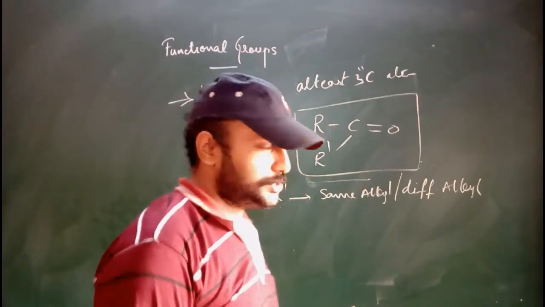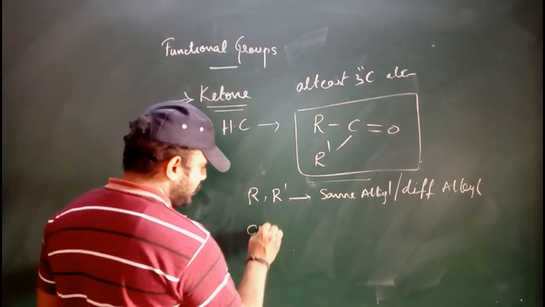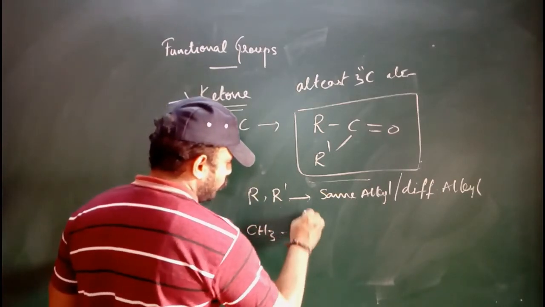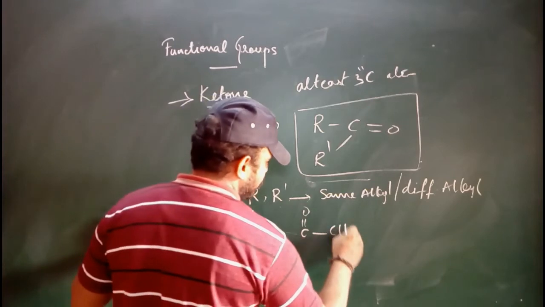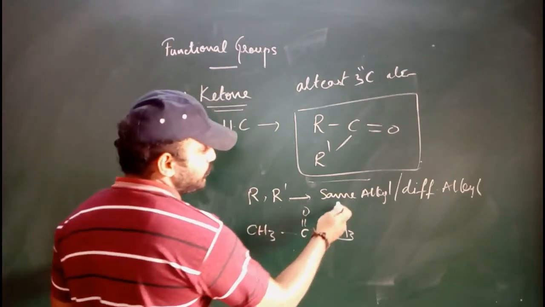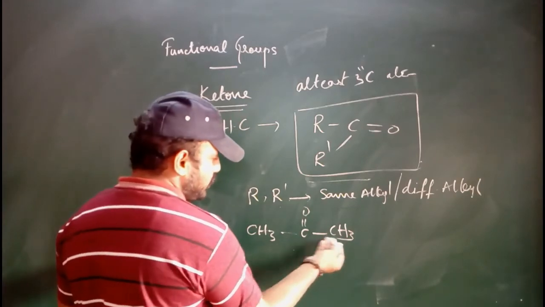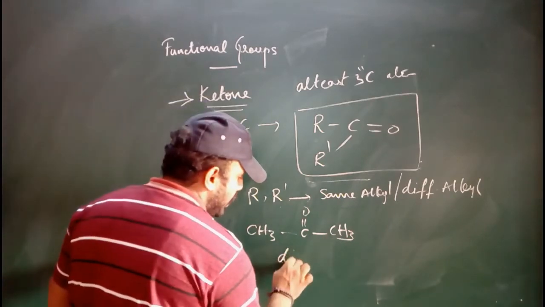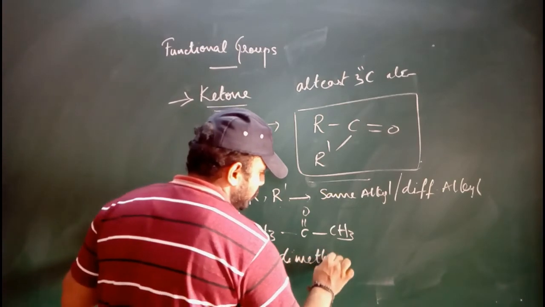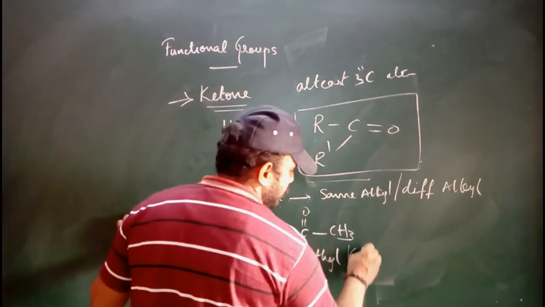RCOR dash. Understood? For example, if I write CH3COCH3. As I said, R and R dash may be same alkyl or different alkyl. What it is called as? One methane, what do you write? Dimethyl ketone.